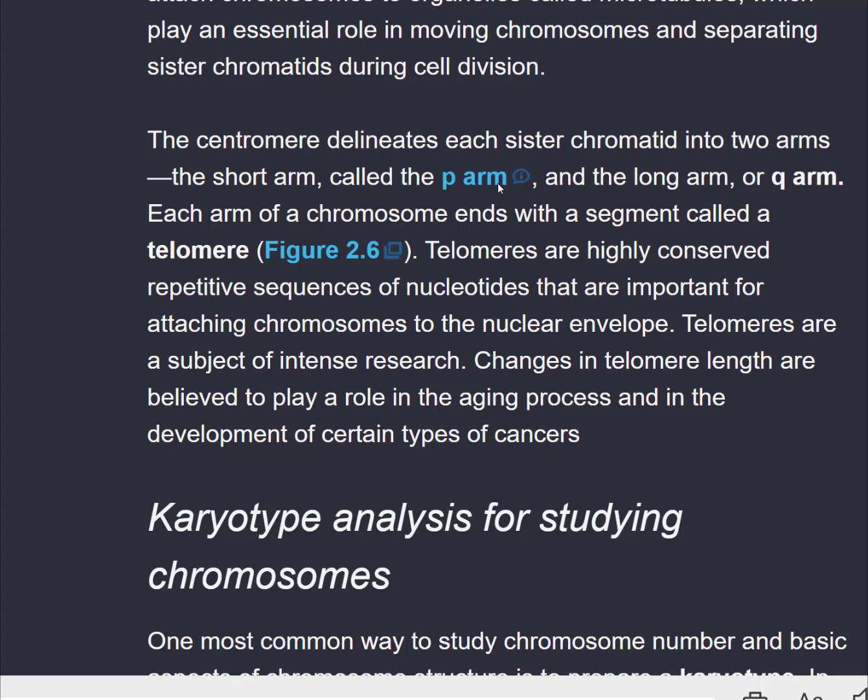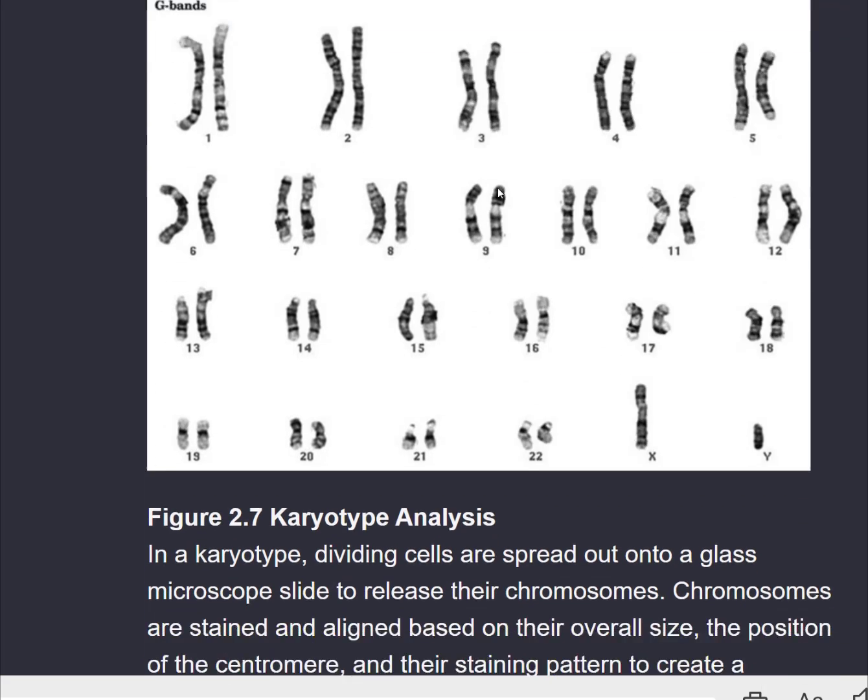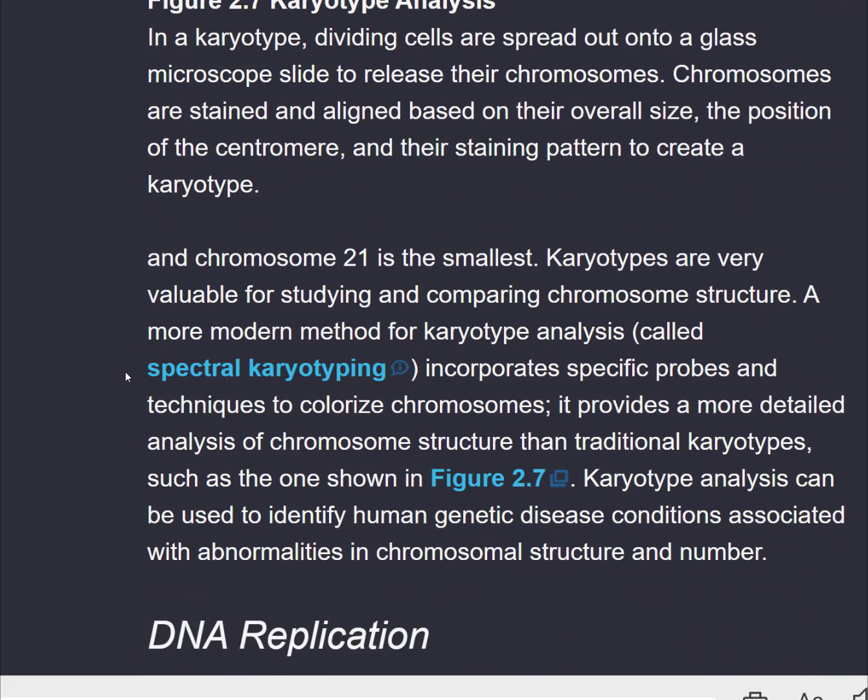We already defined the P arm. Spectral karyotyping, a technique involving probes specific for each chromosome that fluoresces different colors to identify chromosomes according to their color pattern.